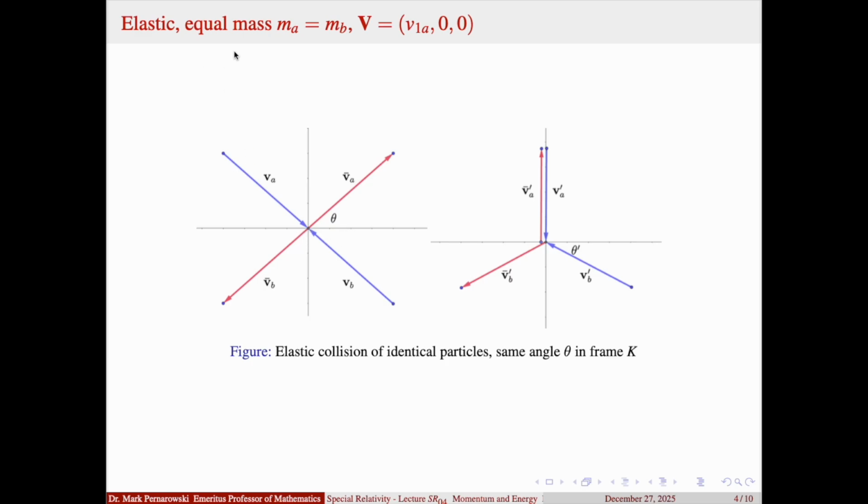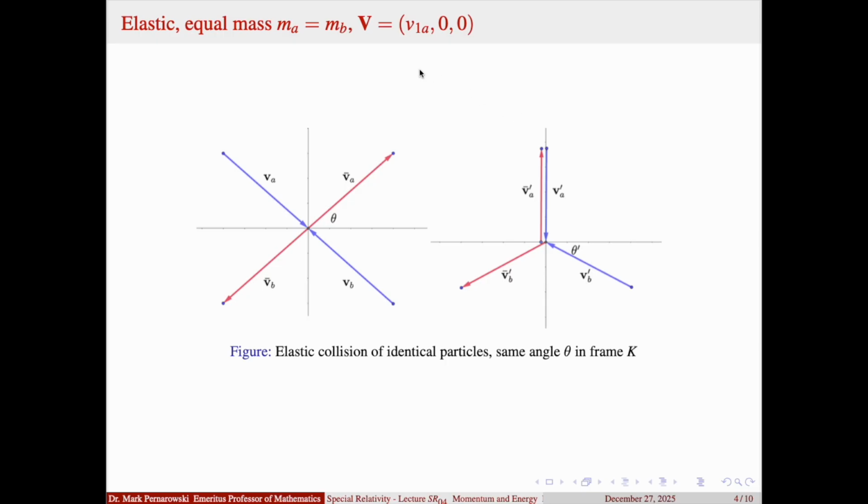Just so you know, the masses are equal. So whenever I draw one of these things, these could equivalently be momenta vectors, because you're going to multiply by the same constant. So let's say that this is what we see in K. What we're going to do is a little trick here. We're not going to pick just any old moving reference frame K prime.